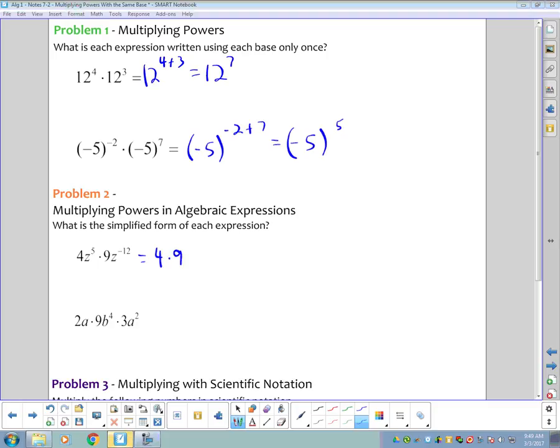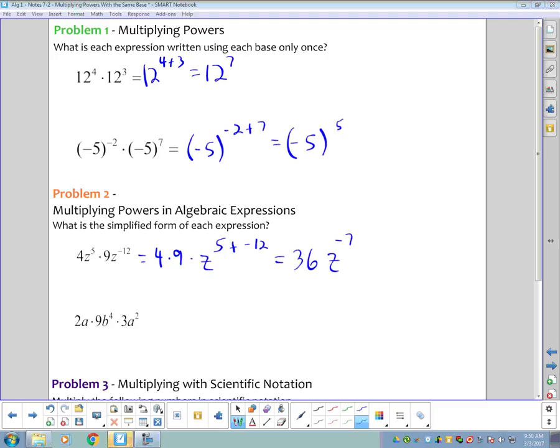Now the z's are the same bases, so we're going to write down z, and then add the 2 powers that you see there, 5 plus negative 12. So the 4 and the 9, just multiply them to get 36. The z is equal to whatever 5 plus negative 12 is. Negative 7. So z to the negative 7.